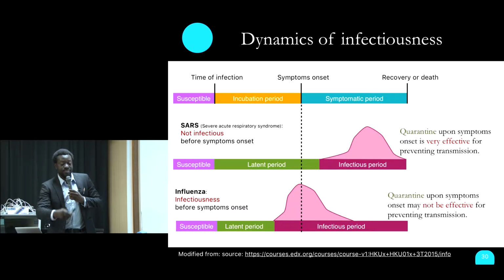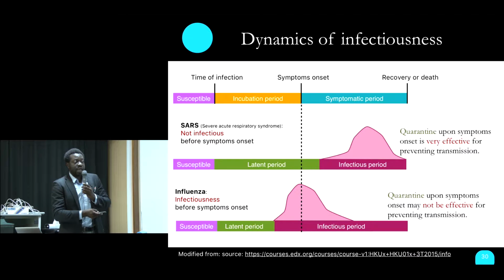For example, in the case of SARS, the severe acute respiratory syndrome, generally, people become infectious after the onset of symptoms. This means that if we isolate people or implement a quarantine, it is more likely to be very effective because you become infectious after you have the symptoms.